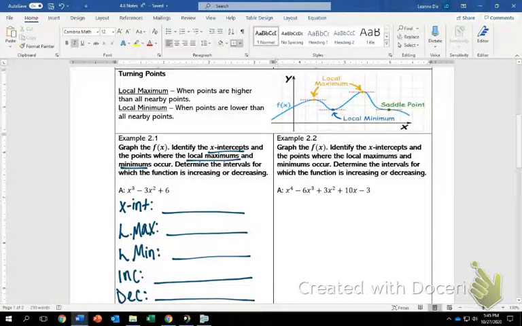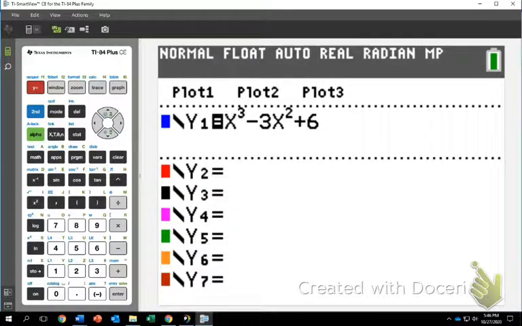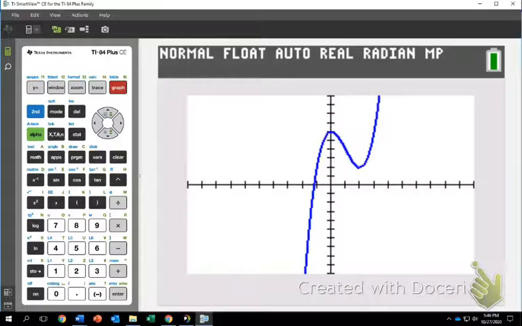Anyway, so now that I have this, I'm going to go to my calculator and I'm going to plug in the equation, which I've already done. So this is what it should look like, or something similar on your calculator. And then I'm going to click on graph. So now I have my picture. Well, typically in this section, we've been doing all this by hand. But if you look closely, I actually don't have exact numbers.